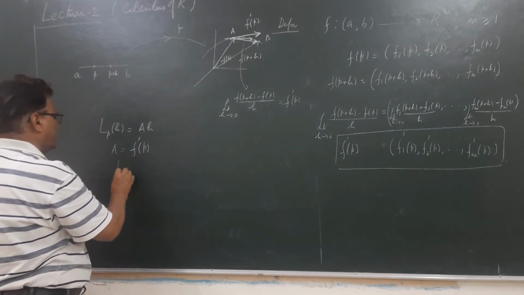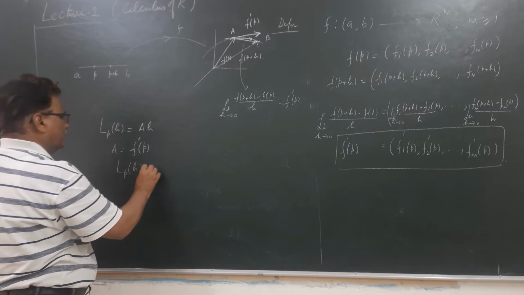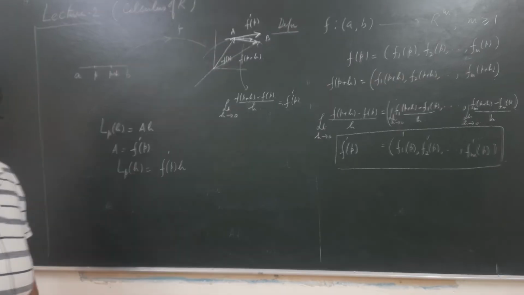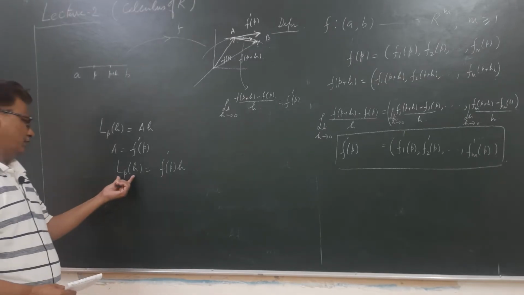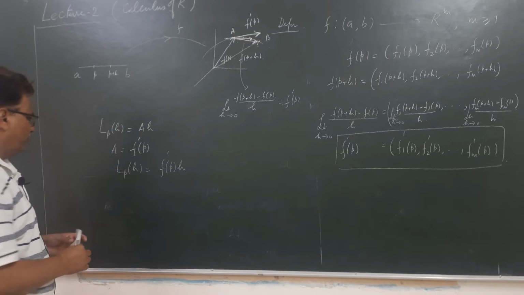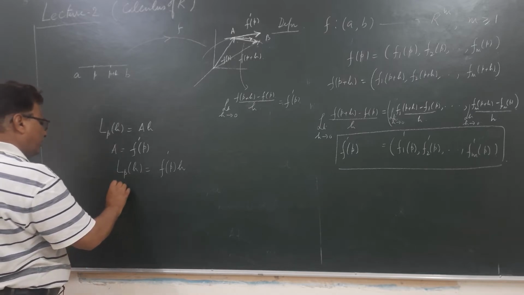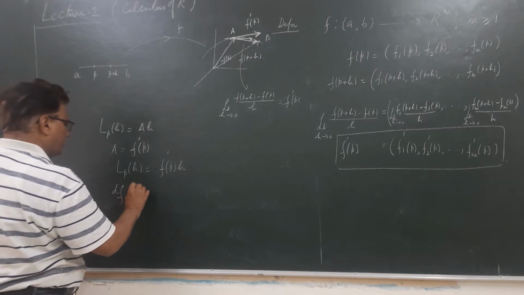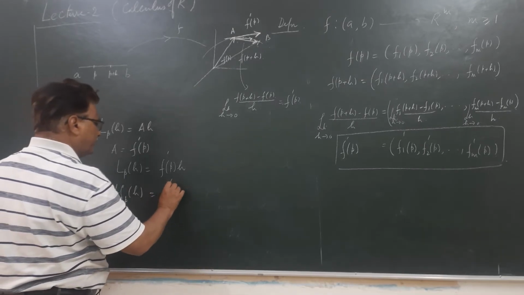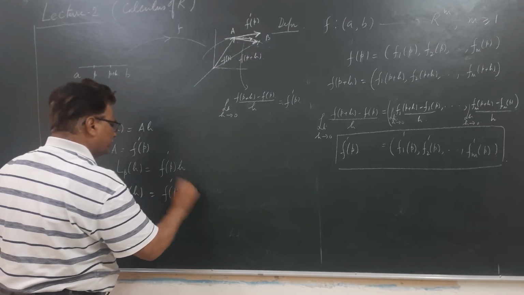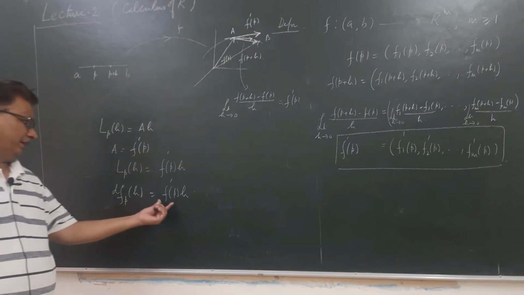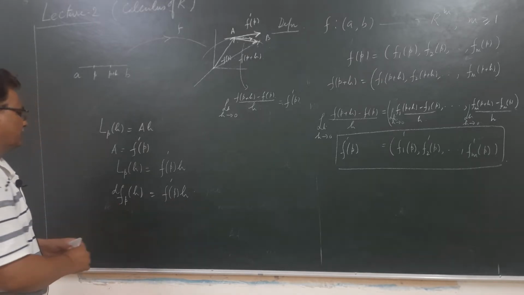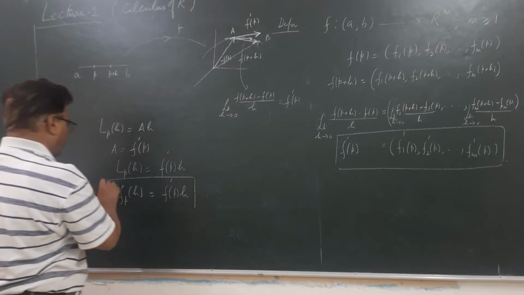So LPH is in fact equal to f dash p into H. Now since this LP we have just seen is a unique linear map, we will be denoting it by DFP. So DFP H is f dash p into H. F dash p is a vector of Rm, H is a scalar, so DFP is defined in this manner.